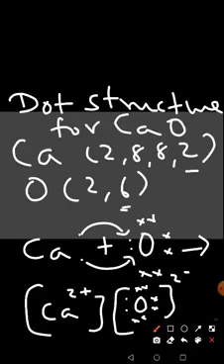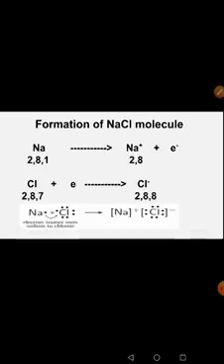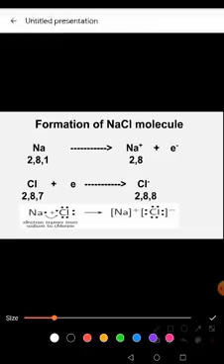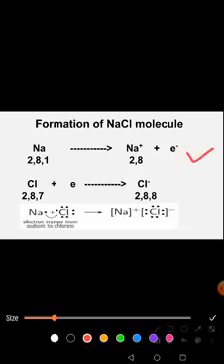This is your compound formation, calcium oxide. Now I've shown the formation of sodium chloride molecule in the equation form as well as the dot structure for the same, which is given in your textbook, even equation form and the dot structure.